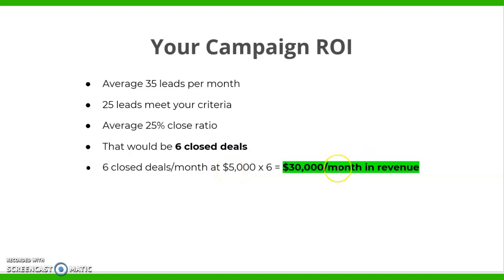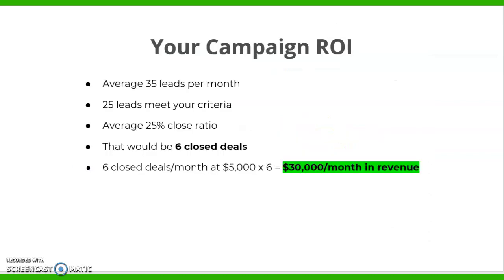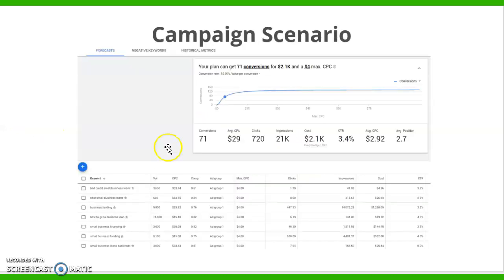That's $30,000 a month in revenue. Now going back to here, what would you rather have? Would you rather spend $2,100 and make 30 grand? See what I mean? The return on investment is no doubt the best investment this company has done.